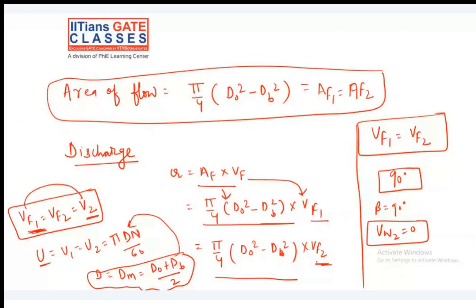u1 is pi times D naught into N by 60. And what is u2? u2 is pi times D_b into N upon 60. But I told you that this D_m value is D naught plus D_b divided by 2.